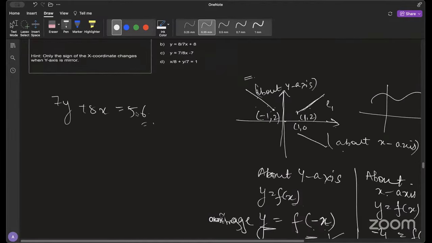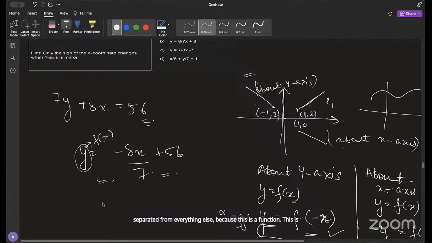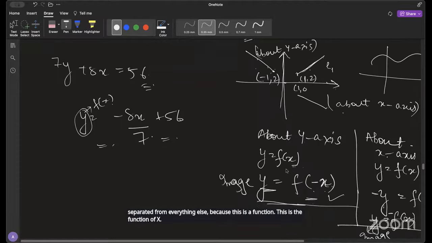Okay, coming back to the question. First, we write it in the function form, so we write it as minus 8x plus 56 by 7. Why do we need to write it in this form? We need to have y separated from everything else because this is a function of x.